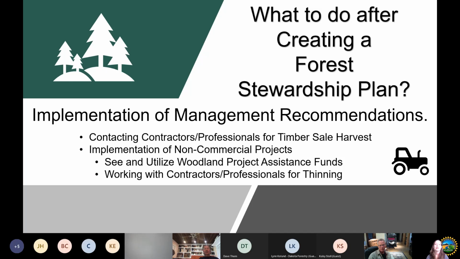So in implementing them, you might need to be contacting contractors, professionals in order to do a commercial harvest, or implementing non-commercial harvest procedures, working with contractors to do those tops, or simply monitoring your own property, if that's what your management recommendation is, and looking for invasive species, health, and condition, and making sure you're treating those every time that you see it.